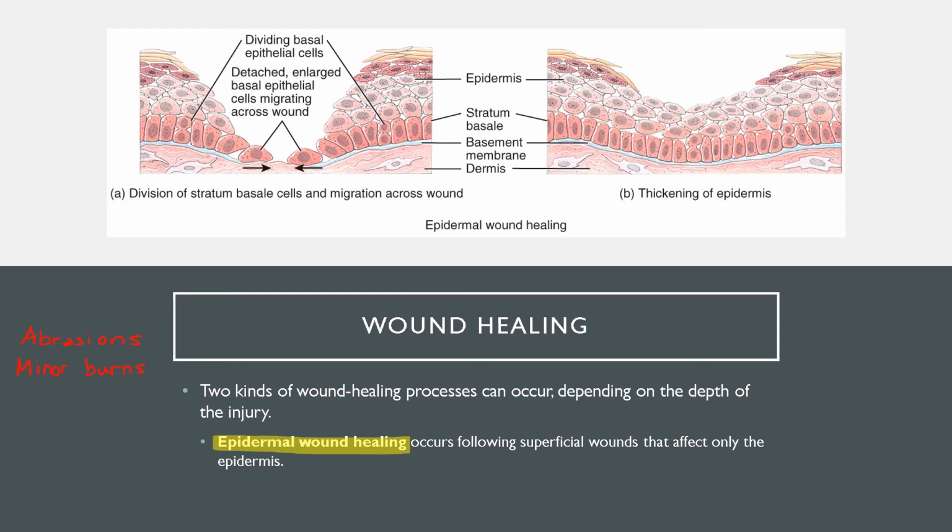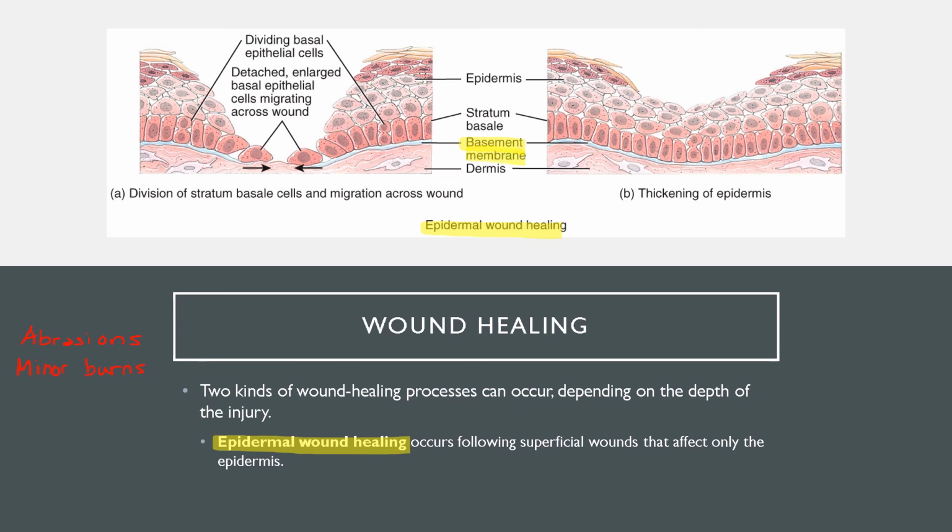So here, in this picture above, we can see what happens in epidermal wound healing. In response to an epidermal injury, the basal cells of the epidermis surrounding the wound will actually break contact with the basement membrane.